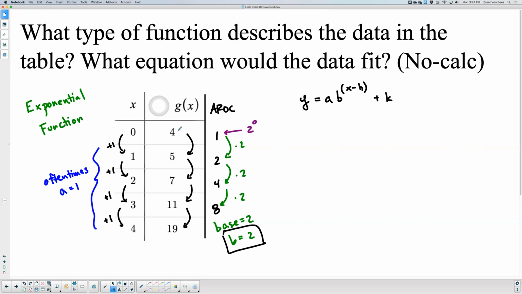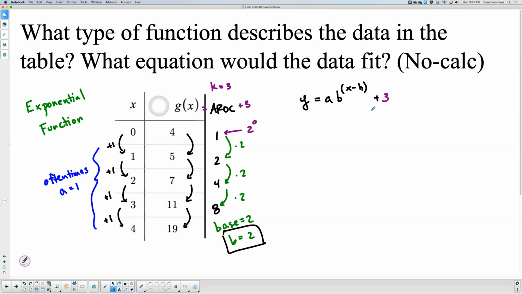I have a 1, but this actually says 4. What's happened is from the AROC, this value is 3 greater. So really, this is the AROC plus 3. That's establishing that our k is going to equal 3. So I'll put k equals 3 there.